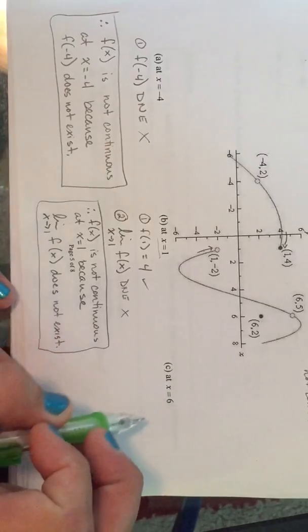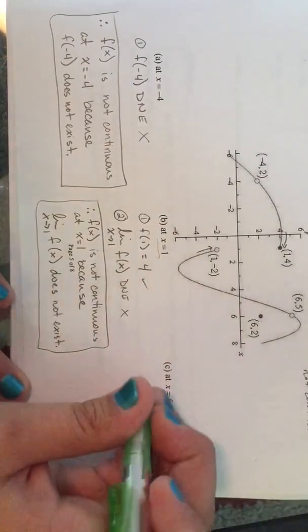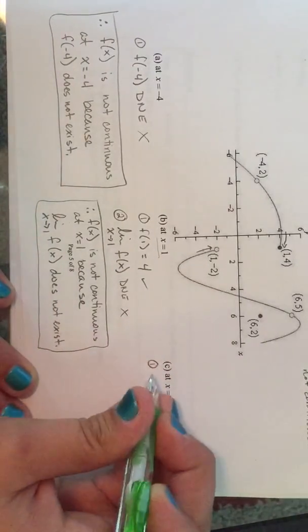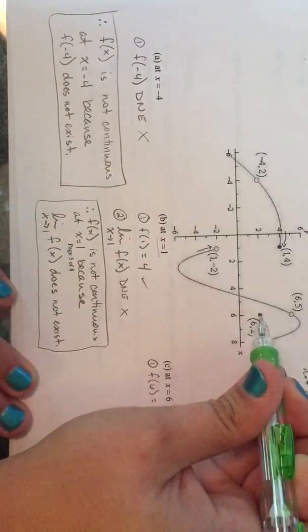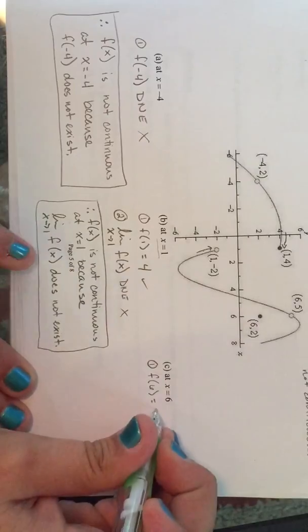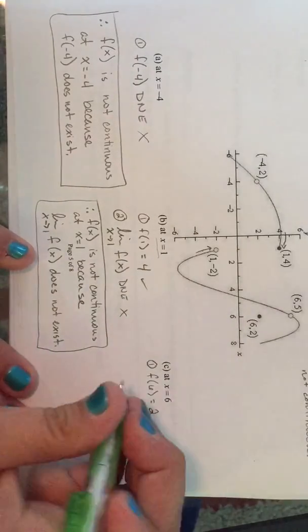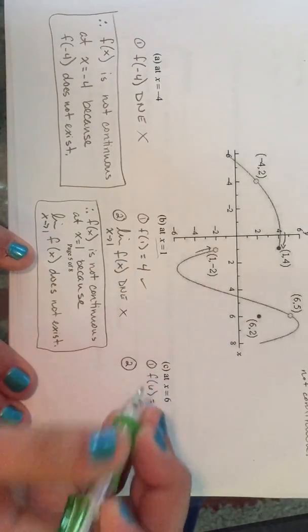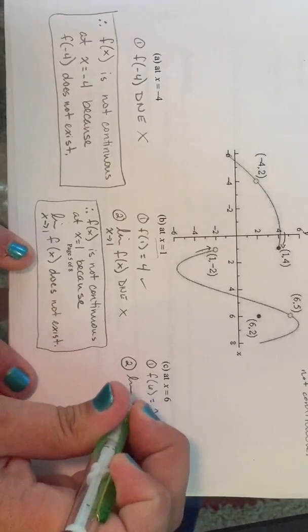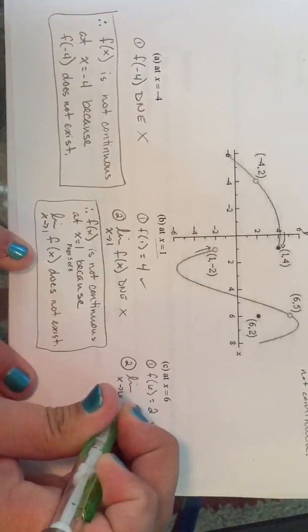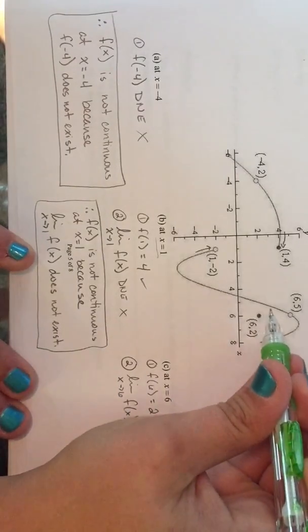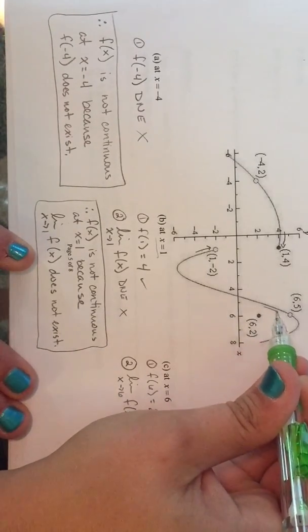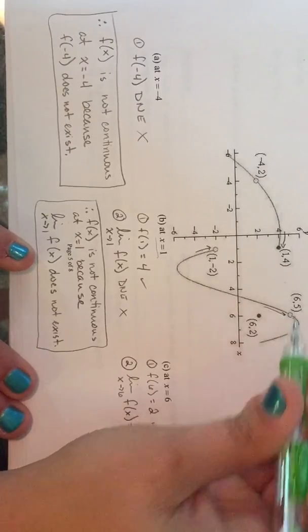So the last one, let's look at x equals 6. At x equals 6, part 1, does the function at 6 exist? Well, f of 6, there's the point. At 6, it's 2. So yes, the point exists. Part 2, does the limit as x goes to 6 of the function exist? Well, let's look. As this function's coming into 6, it's coming in right here, which goes to 5.